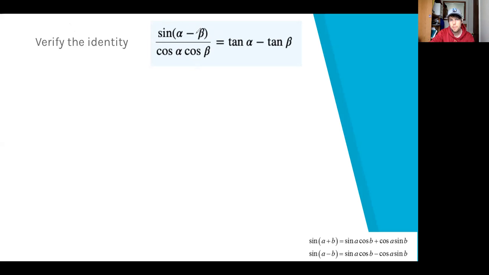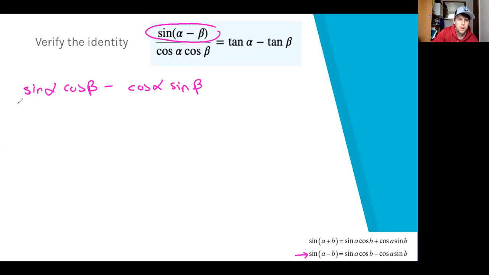So again, up here on top, we can expand this a little bit and see what happens with it. We're going to expand it using my sine difference formula down here. We have sine alpha cosine beta minus cosine alpha sine beta. And all of this is being divided by cosine alpha cosine beta.